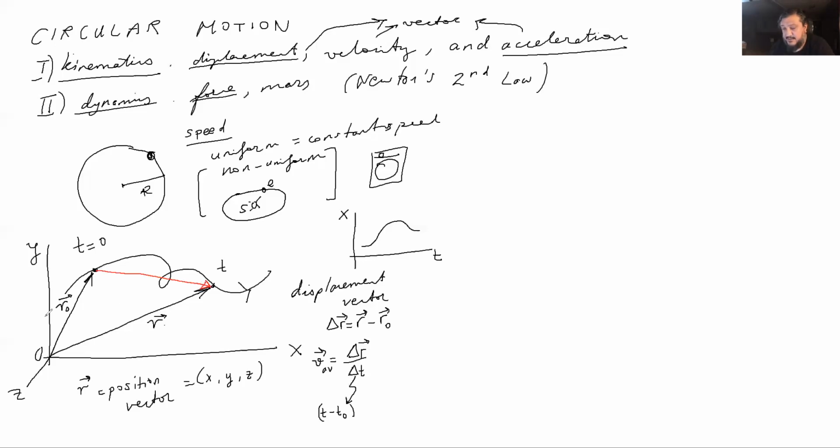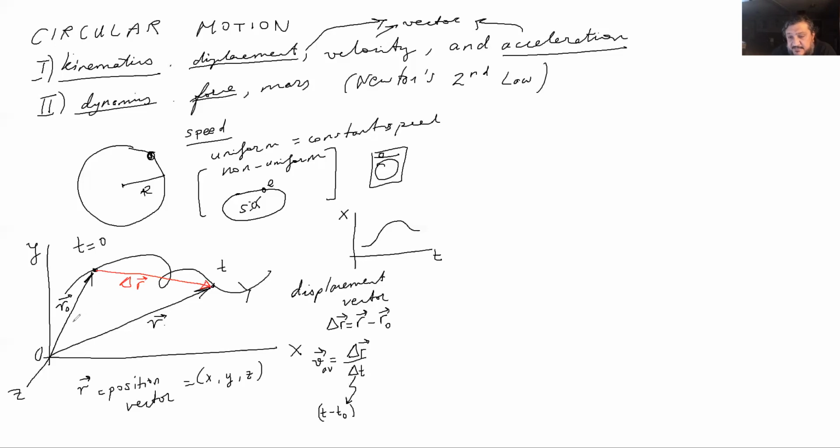This is nothing but delta R. Hopefully you remember how to subtract vectors. Actually, you don't need a rule about subtracting vectors. All you need to do is remember how to add vectors.